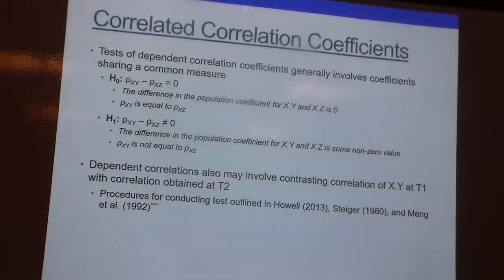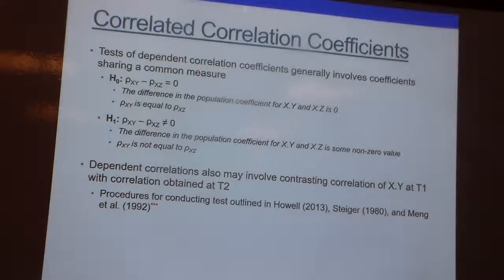How many correlations can we get out of these three variables? How many different combinations can we have of three things? Three. So we can have the relation between X1 and X2, X1 and X3, and X2 and X3, right?